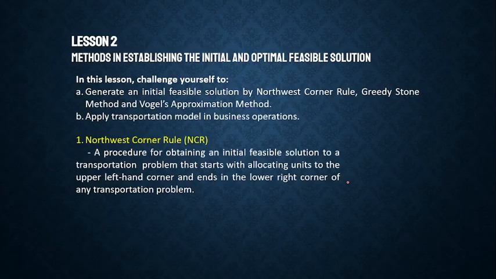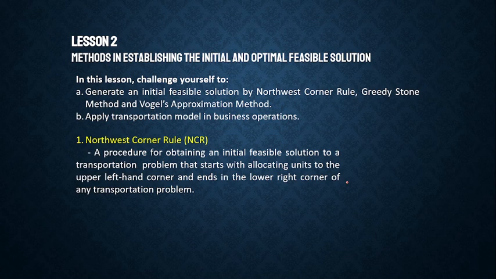Now let's proceed to the different methods in establishing the initial and the optimal feasible solution of the transportation model. First, we have the northwest corner rule, or NCR.